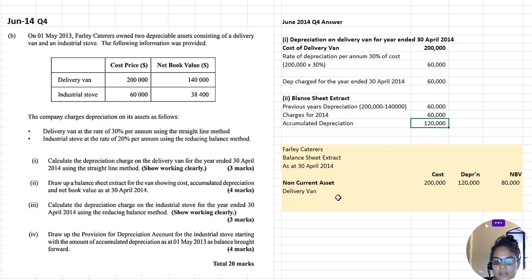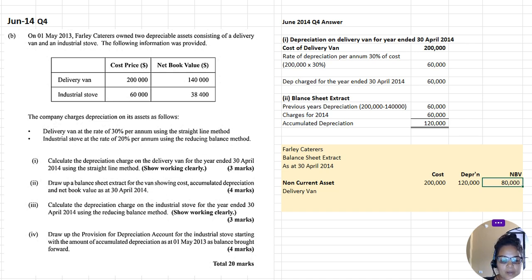So the delivery van will be 200,000 minus 120,000, giving you a net book value of 80,000, clearly showing what is required of you in the exam. Balance sheet extract for the van, that's the van, not the industrial stove, showing cost, accumulated depreciation, and your net book value. This is all the examiner had asked you for, and it was worth 7 marks.